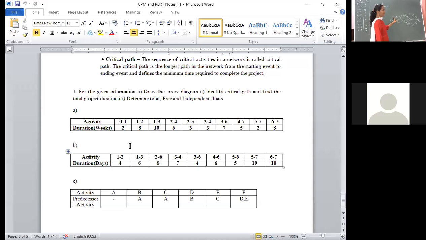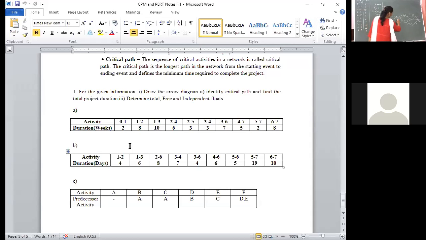The arrow is coming from node 0. That means E1 is equal to E0 plus the time duration taken by the node 0 to 1, which is the arc or activity T01. E0 value is 0, and the duration is given in weeks. That is 0 plus 2, which is 2.